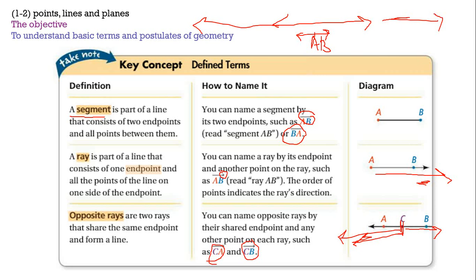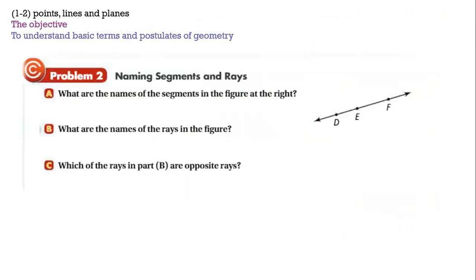Let's move on. Now, let's use these definitions in our example. What are the names of the segments in the figure at the right? Now, I'm using segment, which means it's not a line, it has endpoints. So we have 3 segments here. The first segment, EF, because it's a segment, I will put on it only a line like this.